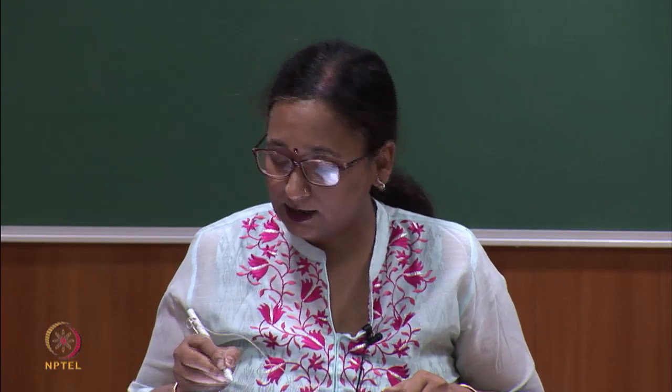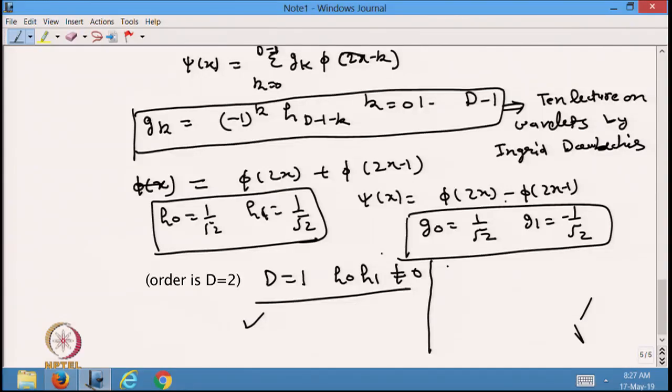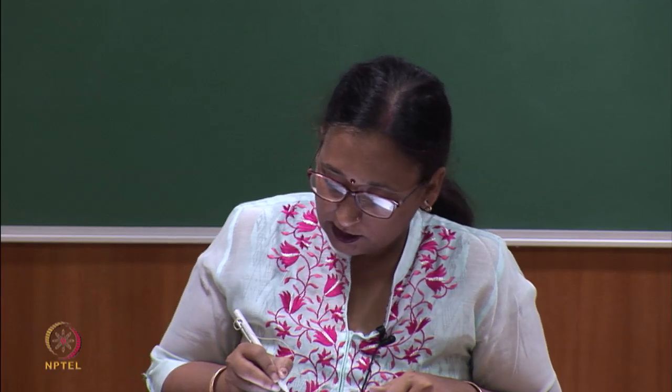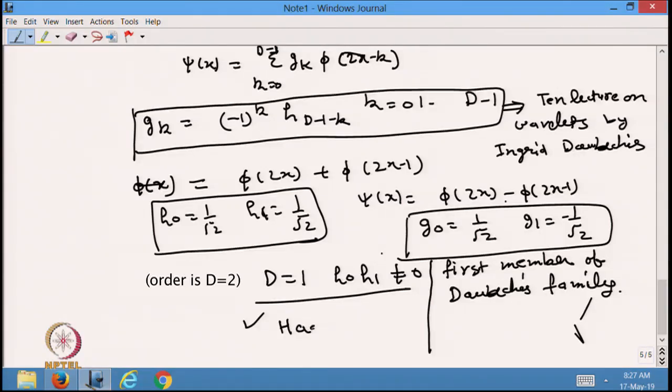The wavelet which I defined in my last lecture with the help of an analytic expression is the first member of the Daubechies family. It is also called the Haar wavelet.